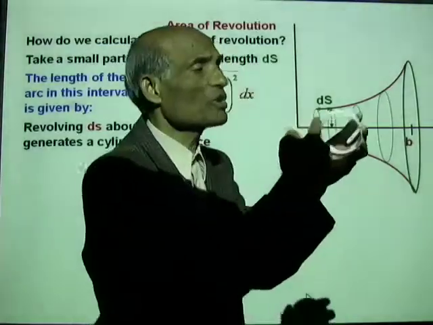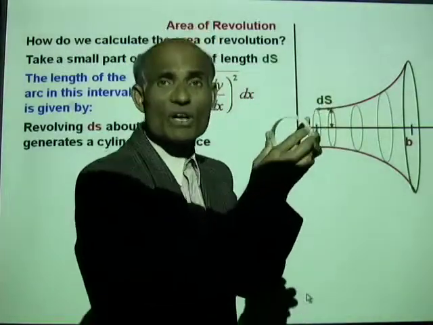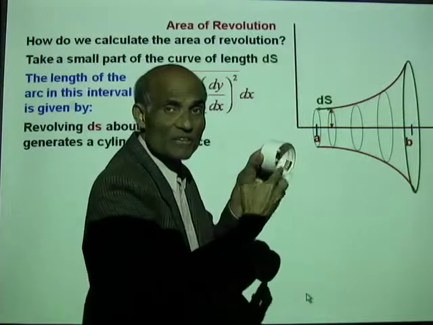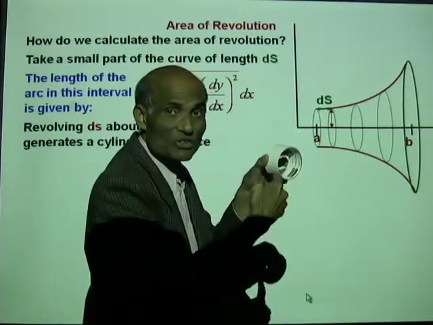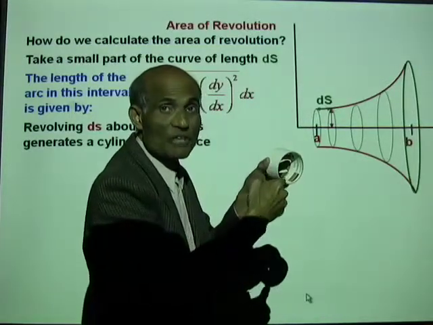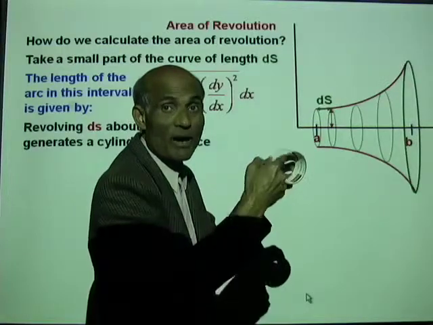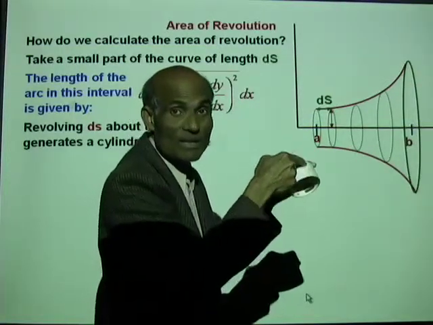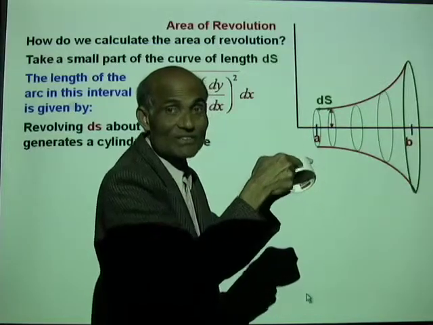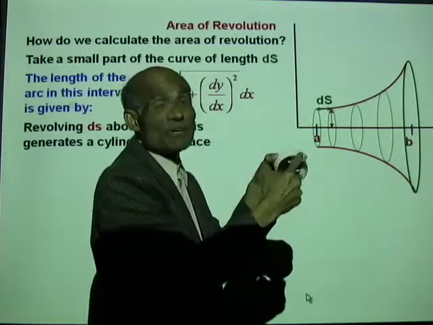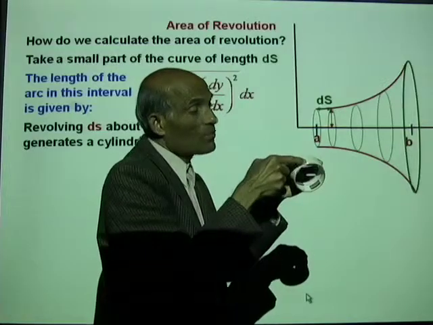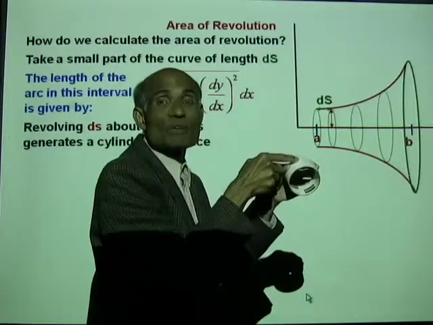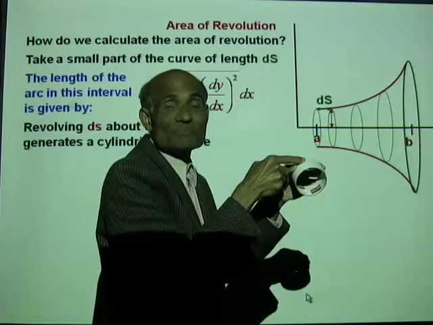How do you find the area of the cylinder? If you look here, this is a circle. The circumference of this circle is 2 pi r, and that circumference multiplied by this length will give you the area.